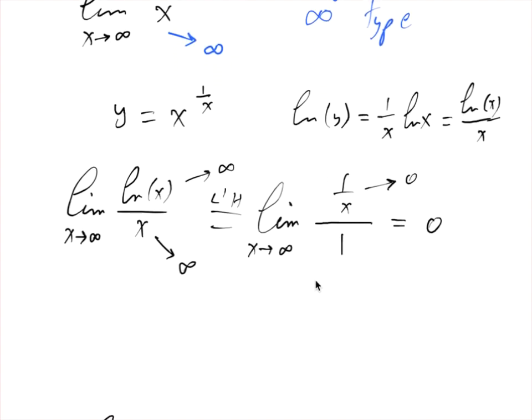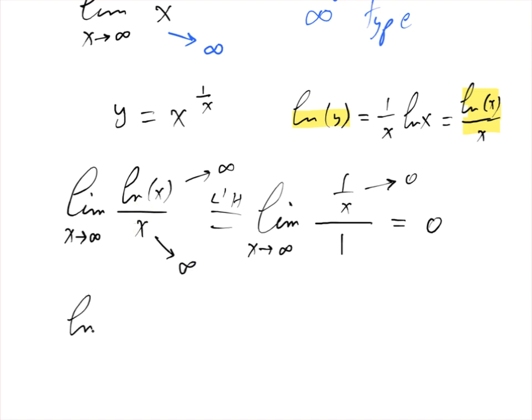So that means that ln of y tends to 0, because ln of y is ln of x over x, and that's the limit we just found.